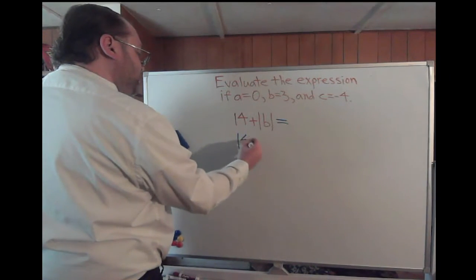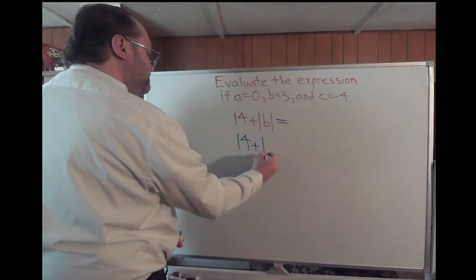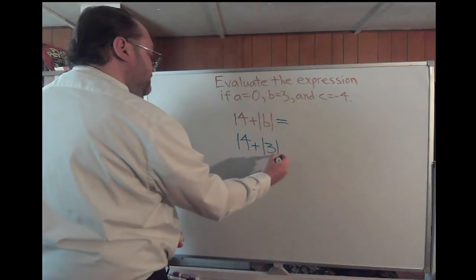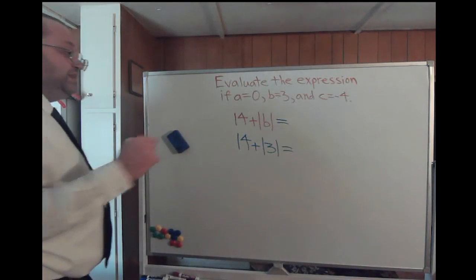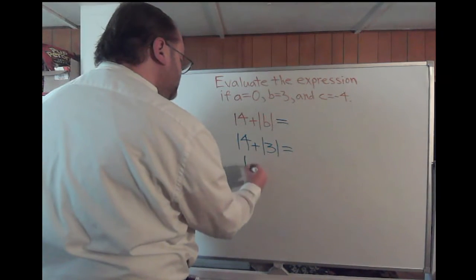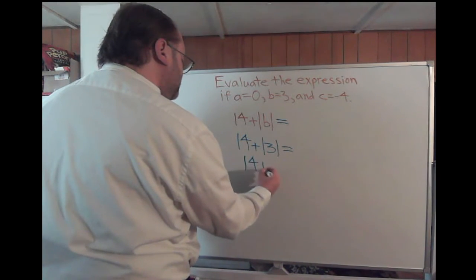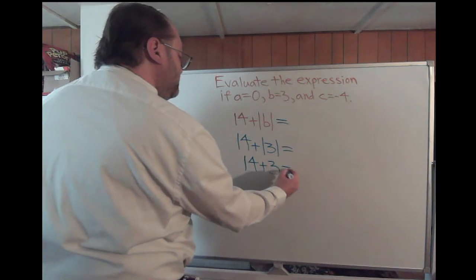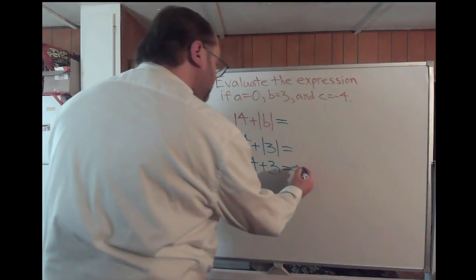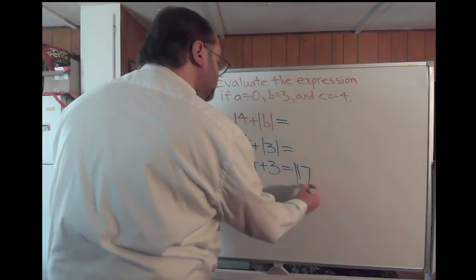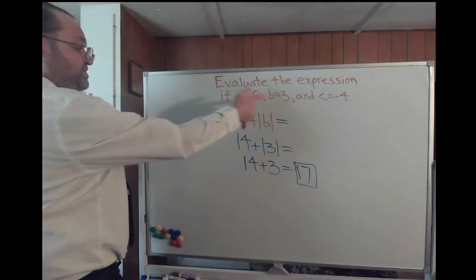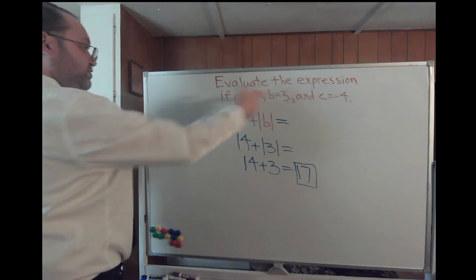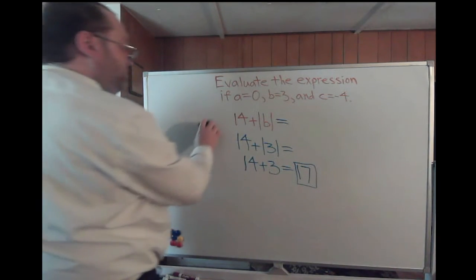You'll get 14 plus the absolute value of 3. Well, again, the absolute value acts like a parenthesis. So find the absolute value of 3, it would just be 3. So you'd have 14 plus 3, which should give you 17. You would get 17 for your answer. So just substituting in wherever you see that variable, you substitute the number it's equal to for it.